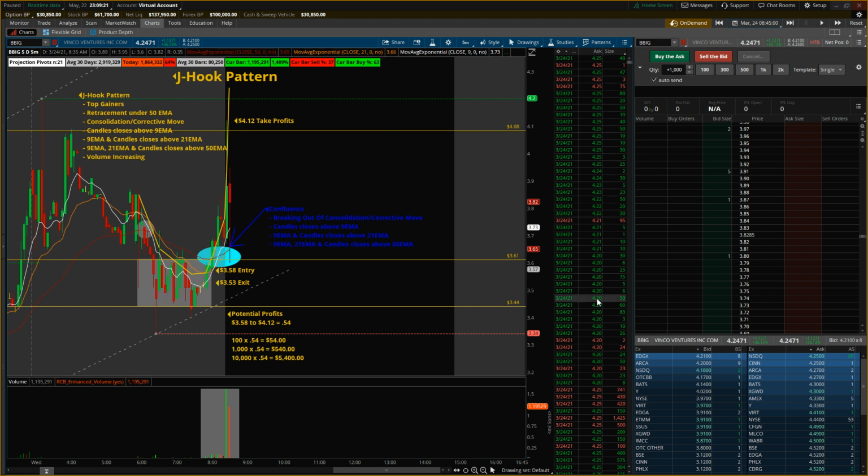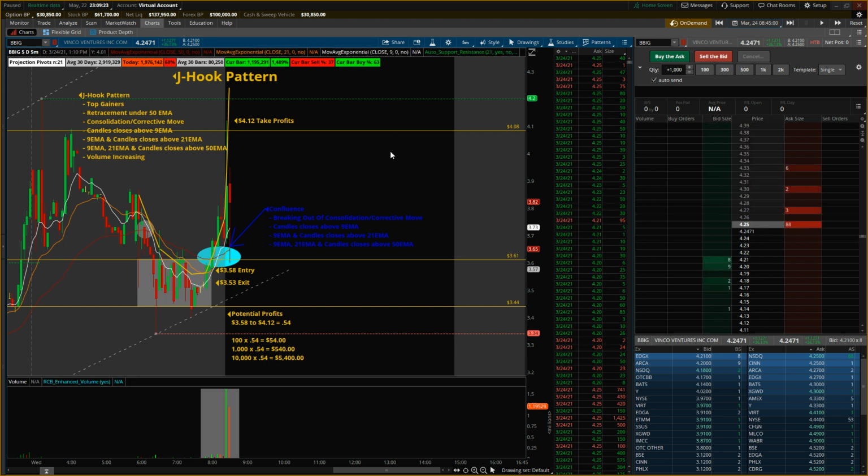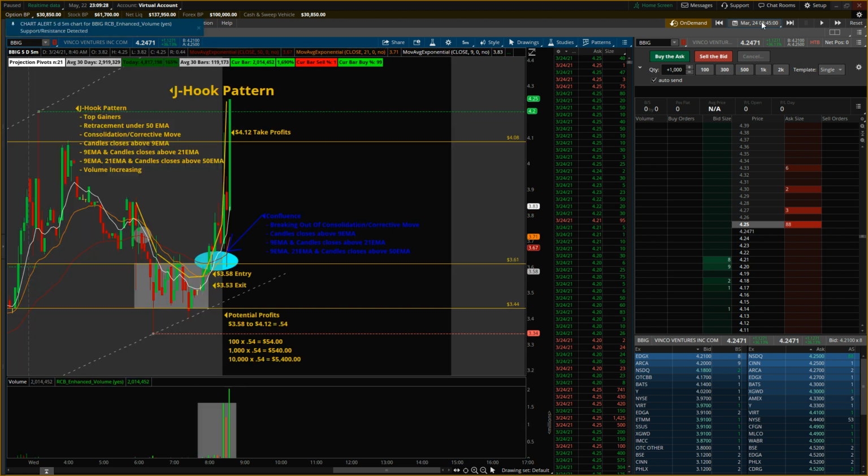You got a bunch of greens on the time and sales. And this is where you would be getting out, because that candlestick right there was an area of resistance. That would be an area to get out at, on this big candlestick.